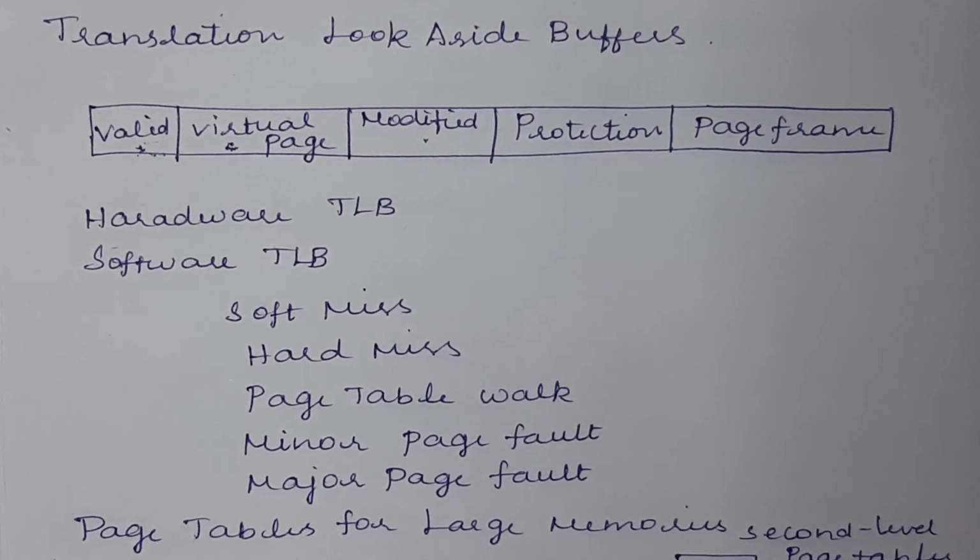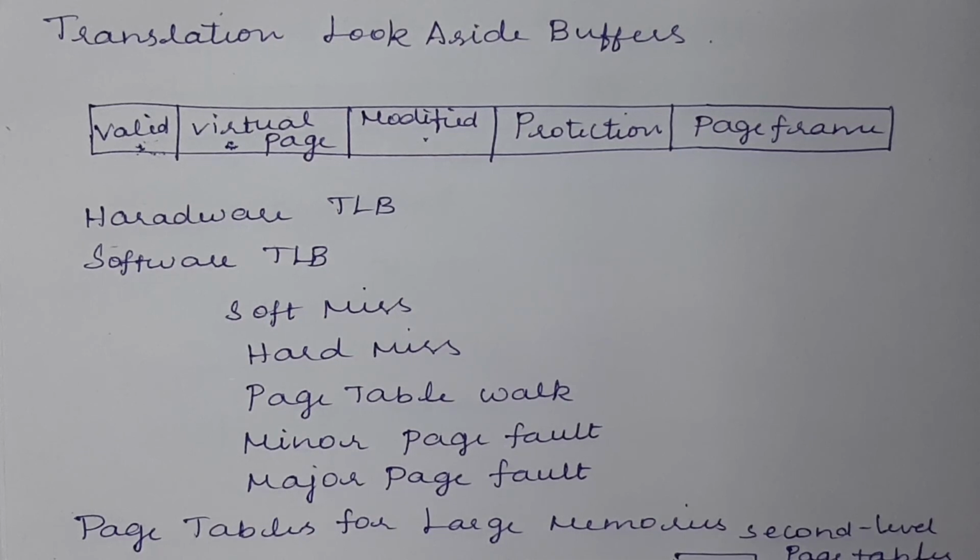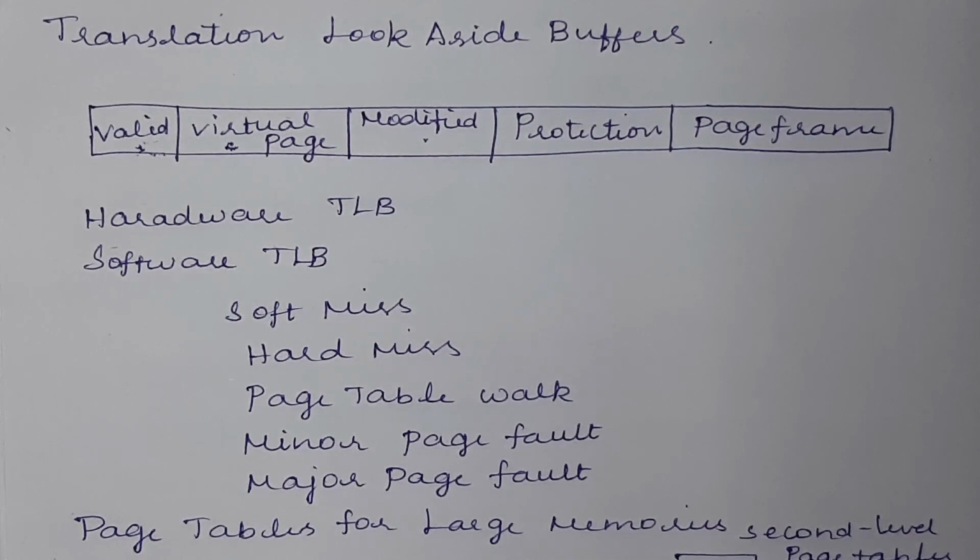It may be maintained in a hierarchical manner, or in some other structure like an inverted page table. Based on whichever structure it follows, we can get the particular entry in the page table. Going through the entries in the page table is said to be page table walk.